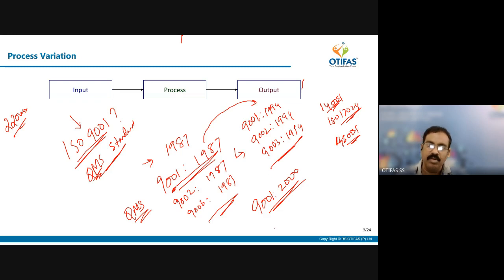Before that, nobody knew about ISO 9001. But after 2000, ISO became so popular and everybody started getting ISO certification. It was like ISO certification meant your product will have quality. Now, does anybody have any idea what this revision was all about?